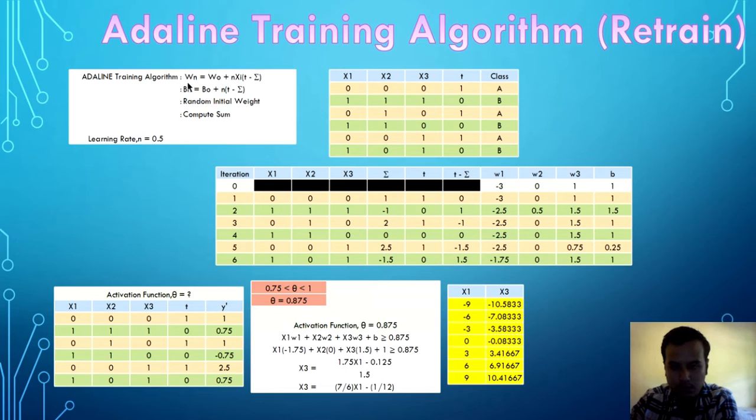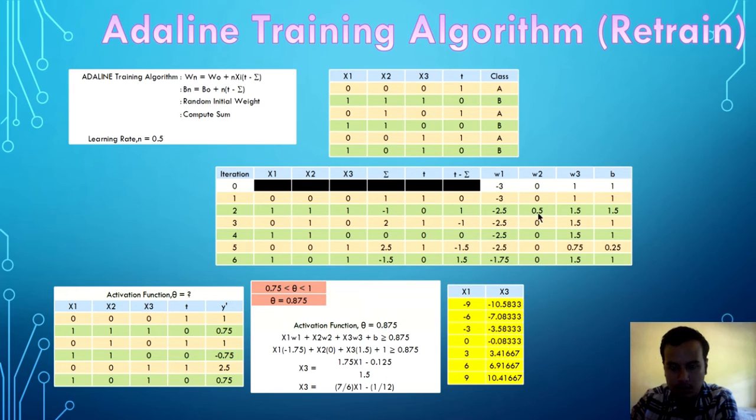This is the formula: W new equal to W old. For W1, -2.5 plus N, our learning rate is 0.5, X1 is 1, T minus sum equal to 1. So we get -2.5.